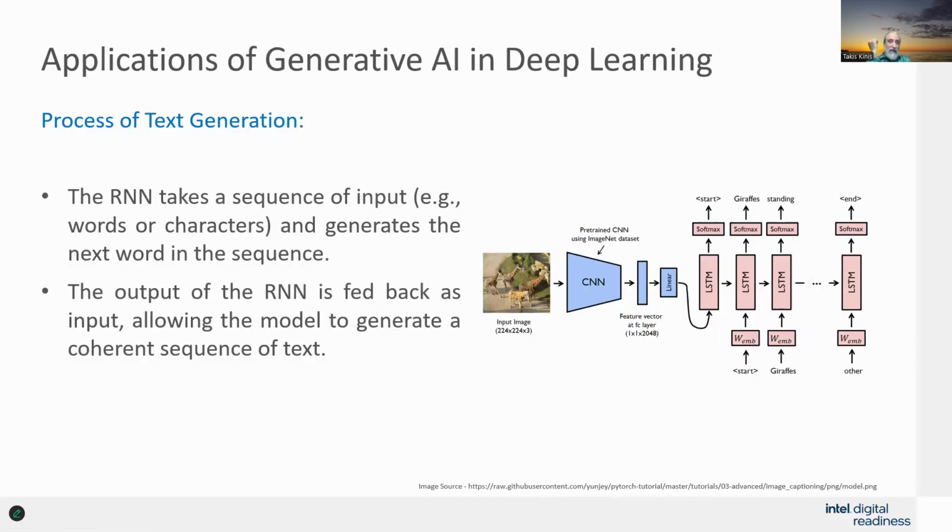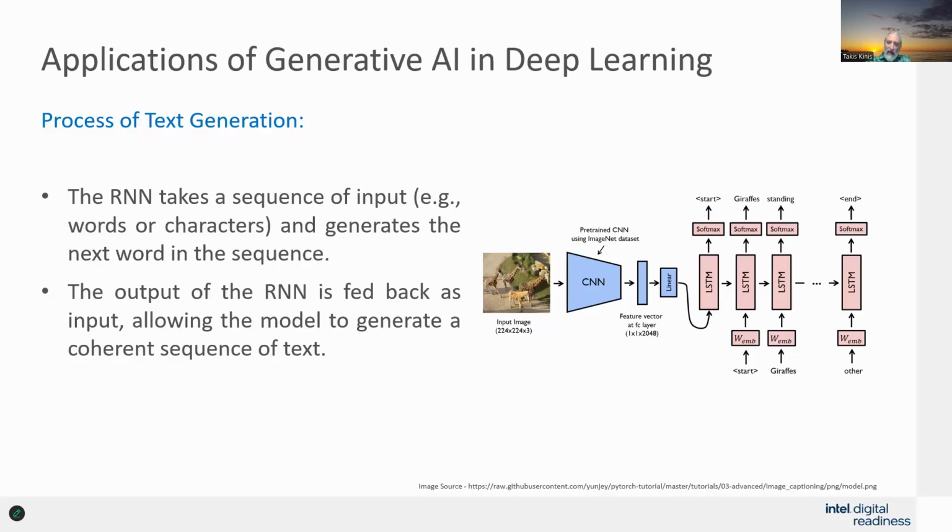The process, basically, takes the sequence of an input, the words or characters, and generates the next word or next sentence in the sequence. The output of it is fed back along the model to generate a coherent sequence of text, right? In this case, they're using an input image, right? And this is an attempt to do the captioning tool.